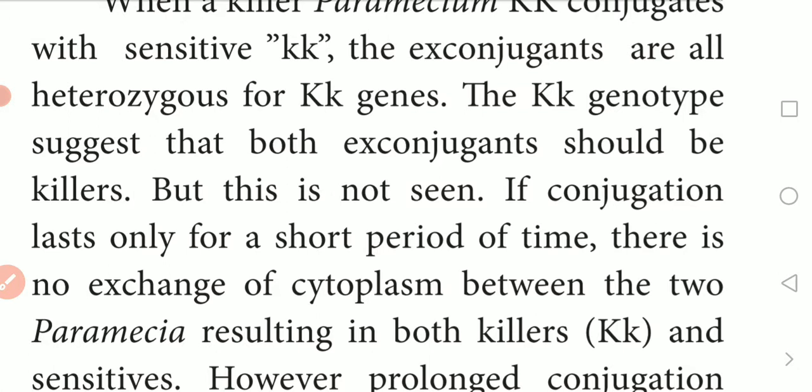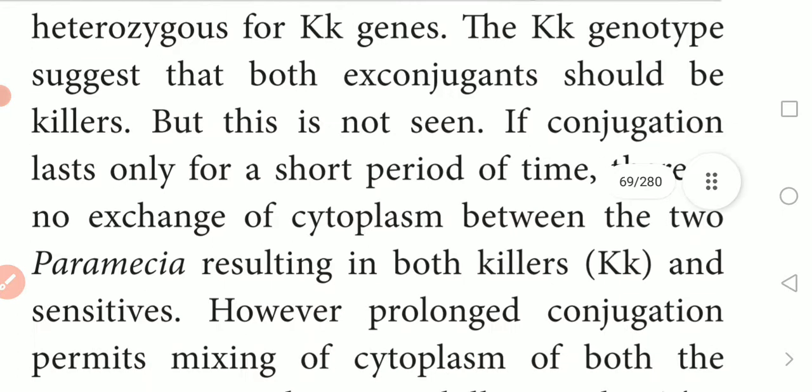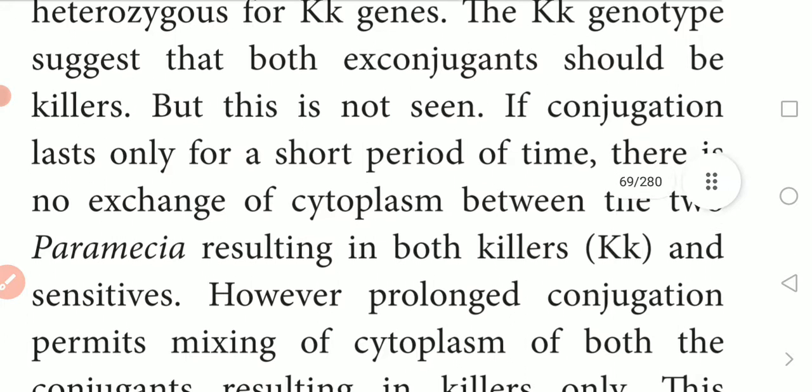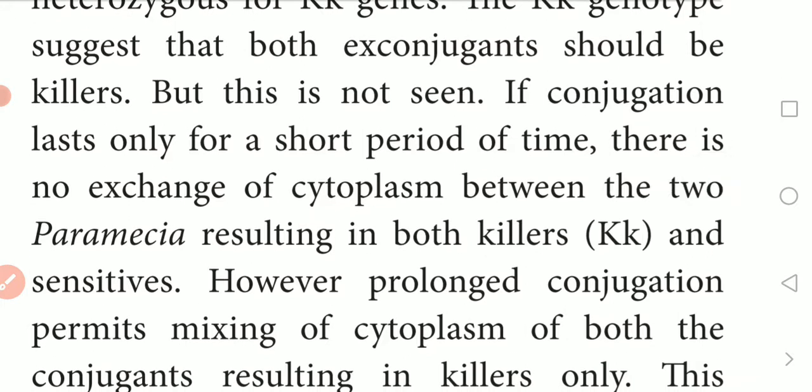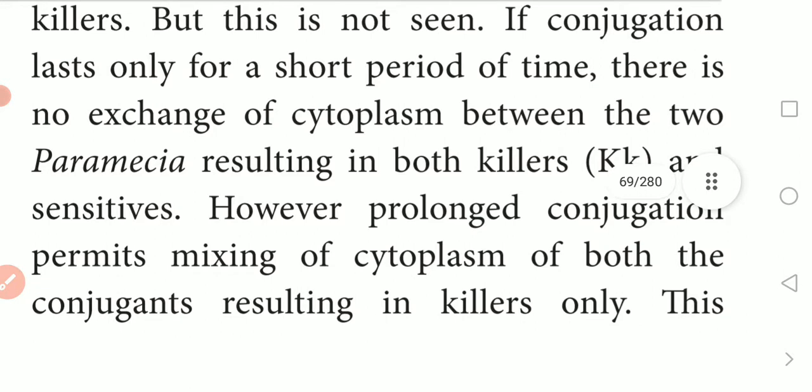But here, if the kappa particles are present with the dominant gene in the nucleus as well as in the cytoplasm, they can go and kill the other organisms. Whereas if the dominant gene is present only in the nucleus, without the cytoplasmic particles, it is not said to be kappa particles. All these explanations we are going to see now.